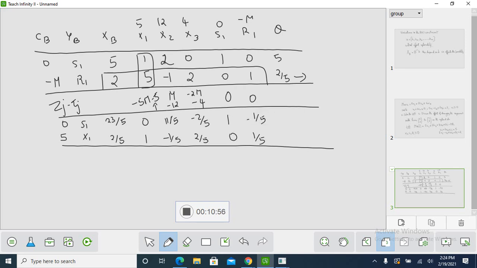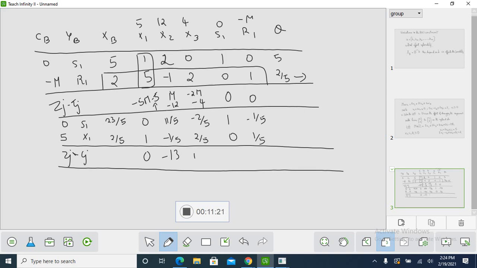So now I need to compute my Zj minus Cj. So calculate your Zj minus Cj. So what happens when you calculate Zj minus Cj? Here it will be 5 minus 5, 0. Here it is going to be minus 1 minus 12, it is minus 13. Then next place it is 10 by 5 minus 4.